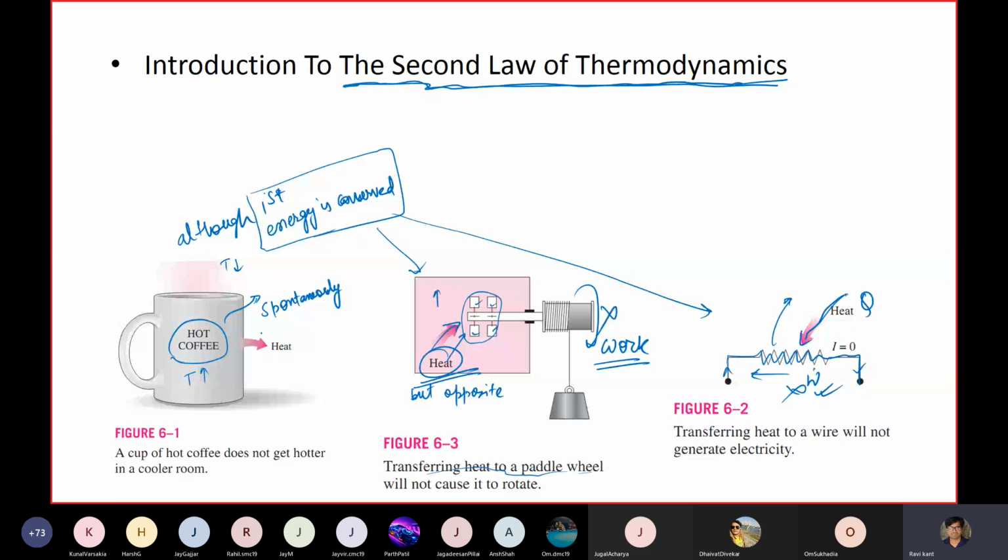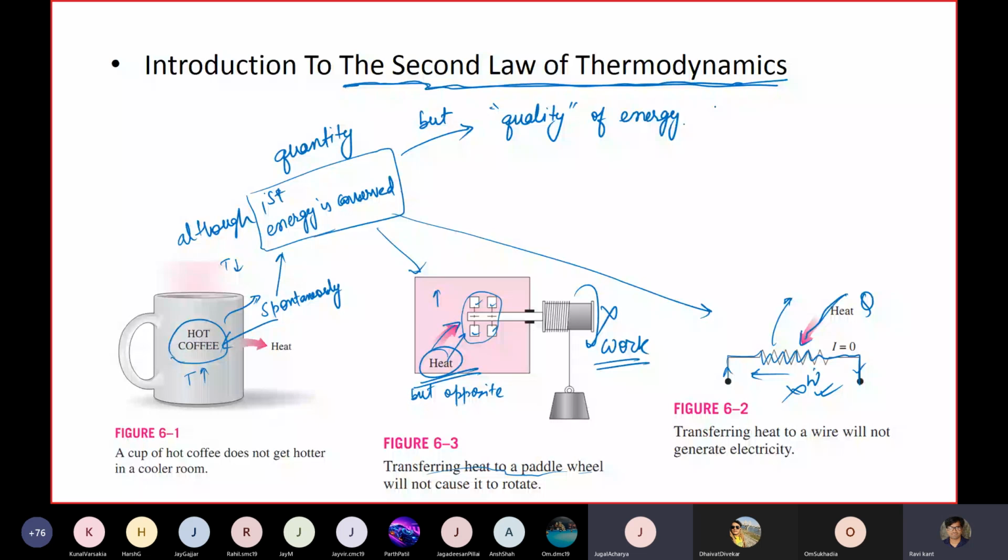Or the heat won't flow from the lower temperature to the higher temperature, although in some sense that heat would also be conserved. So it has been concluded that not only quantity, but the quality of energy is also important for a process to happen.